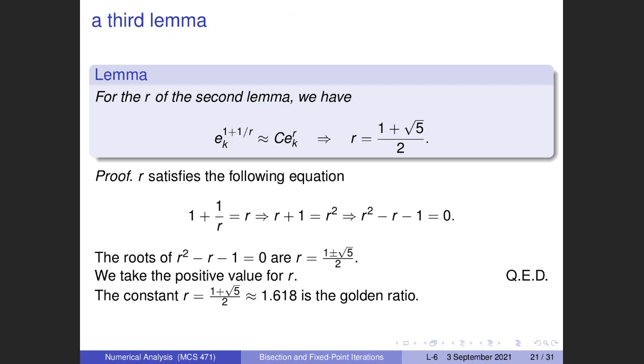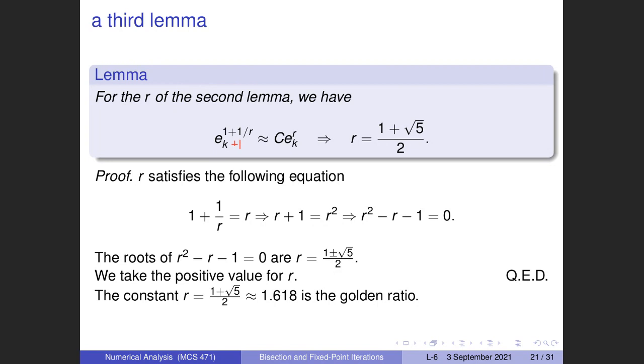Now the main lemma, the proof gets even shorter, but the statement of the lemma is for emphasis. If we have this relationship between the errors, and I now see that there is a typo still after all this time, this should be a +1.